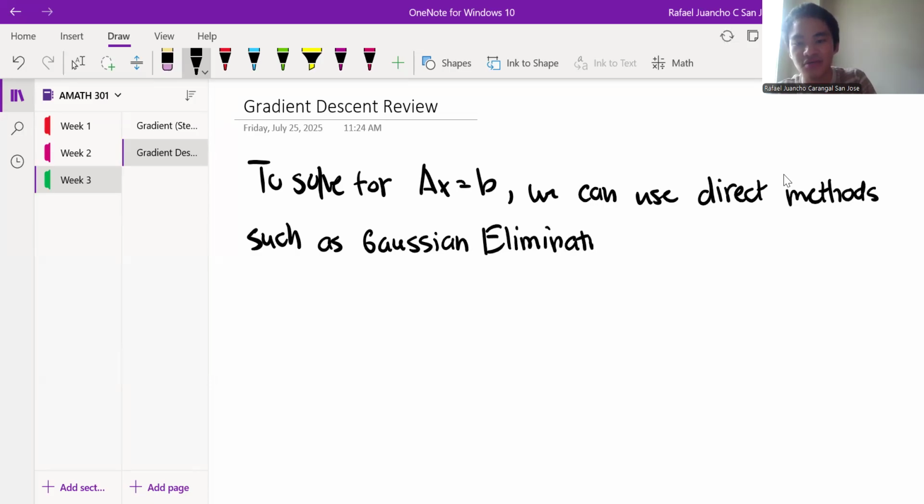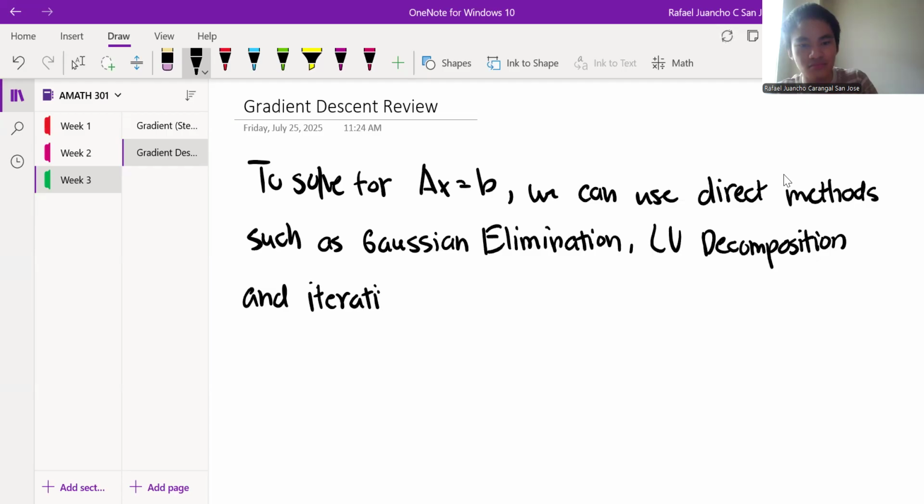We've also seen LU decomposition. We've also seen iterative methods, right? Which is what we talked about in our previous scientific computing video.